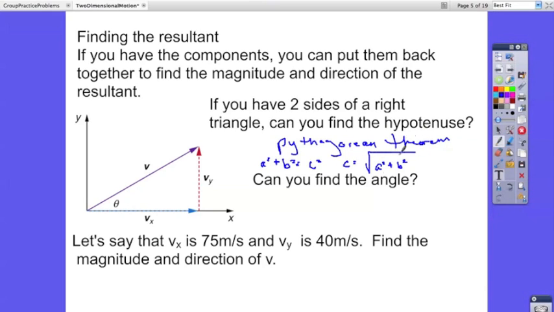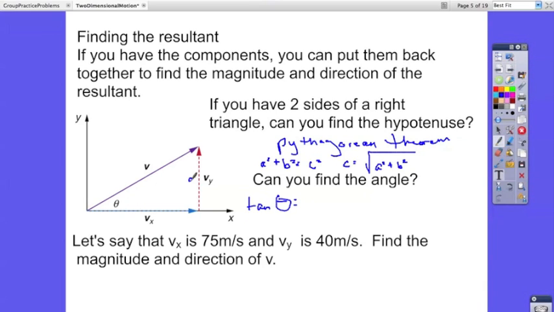Well, if you have this length, and we would if we did the Pythagorean theorem, do you know how to find that angle? Well, if I know all three sides of a right triangle, then I can really use any of the trig functions to find the angle. But the one that we use in this class most often is tangent, because we know that the tangent of that angle is equal to opposite over adjacent, right?